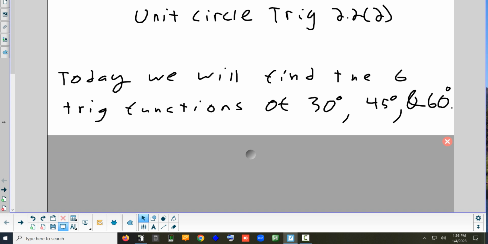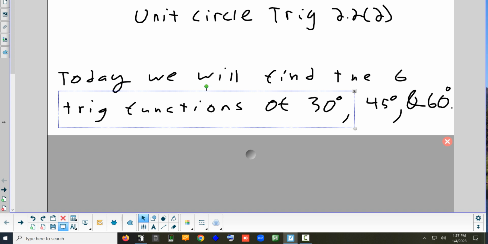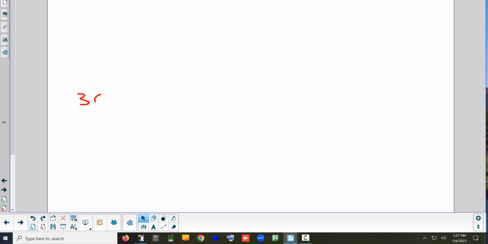So in radians, just in case we see them pop up in radians, can anybody tell me what any one of those numbers is in radians? All right, Cameron, how do I convert degrees to radians?